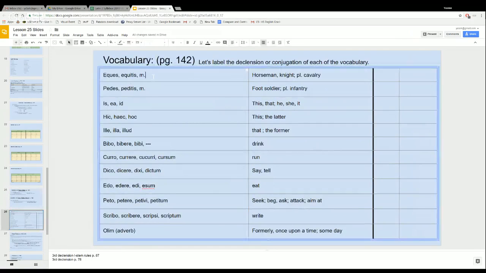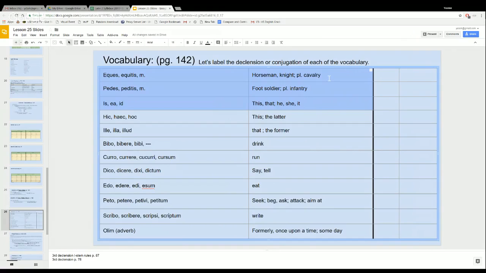All right. Let's look over the vocabulary. What we're going to do is label everything. I'm going to have Andrew, since I haven't called on him in a while, do these first three. Eques, equitis, masculine: horseman, knight. In the plural, it's cavalry. Not Calvary. Now this is important, a lot of people do this.